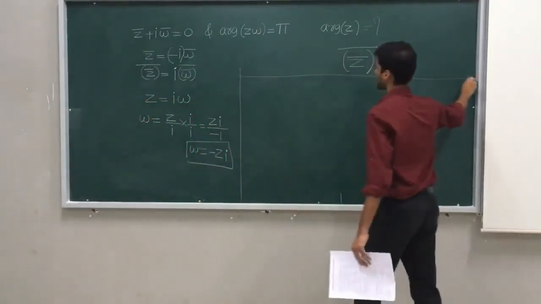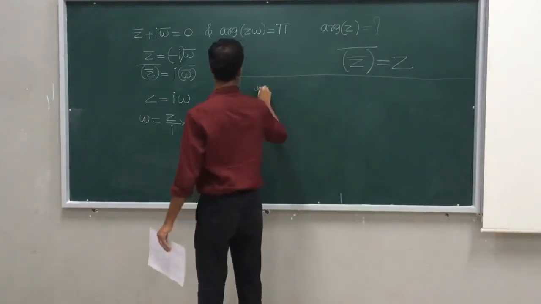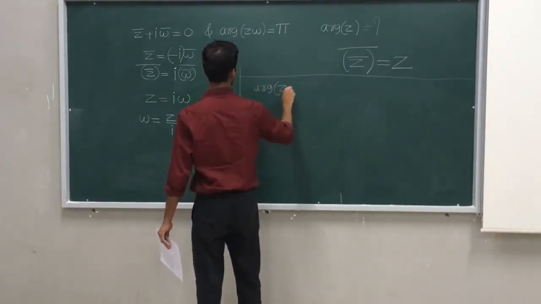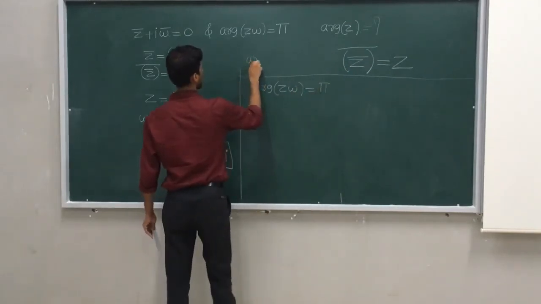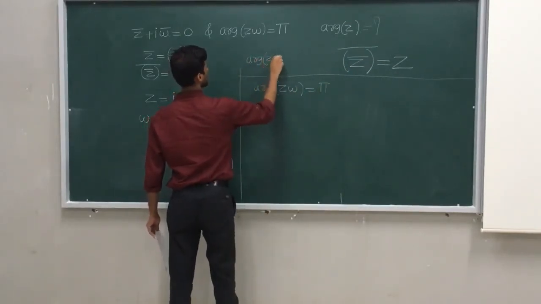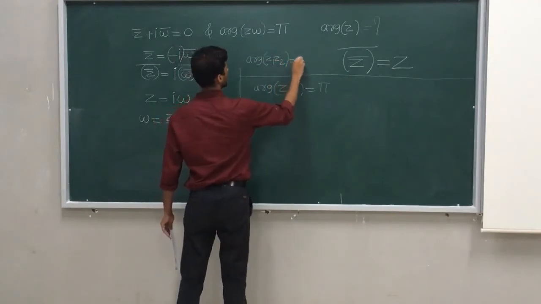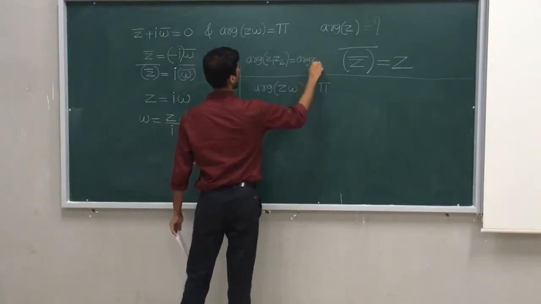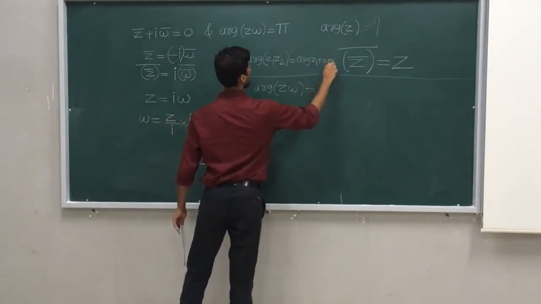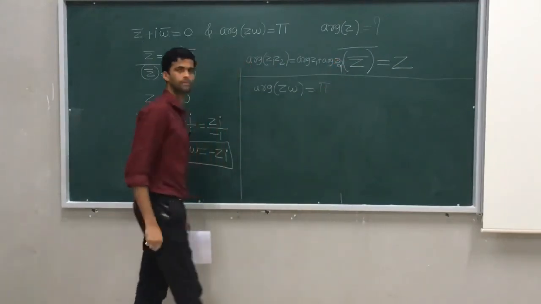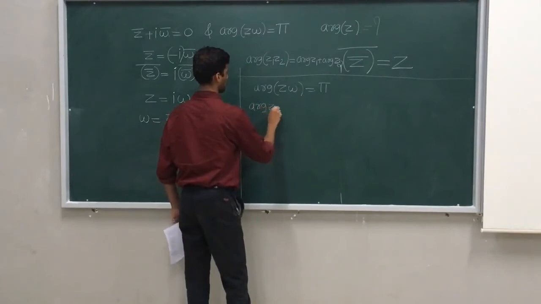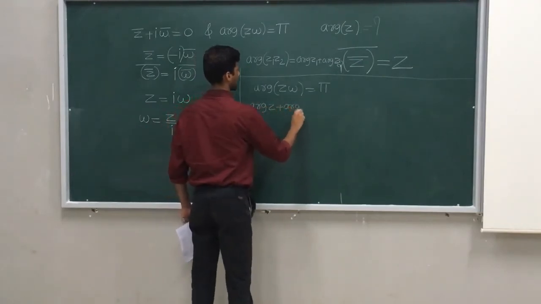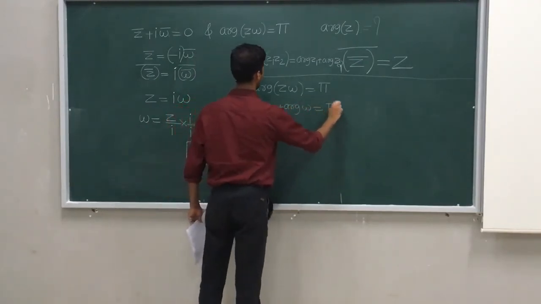They have given the argument of z omega is equal to pi. Always keep in mind, argument of z1 z2 is equal to argument of z1 plus argument of z2. Now this can be written as argument of z plus argument of omega equal to pi.